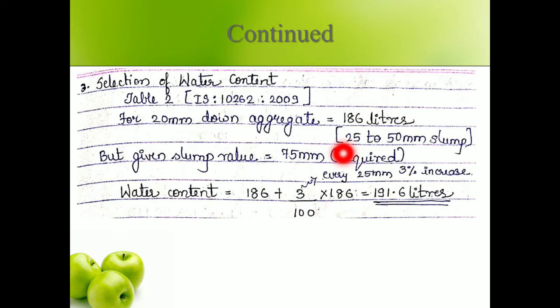In the given question, the slump value is 75 mm, but for 50 mm slump we have 186. So for 75 mm you need to increase 3%. That is 186 plus 3 divided by 100 into 186, so you get the water content as 191.6 liters.